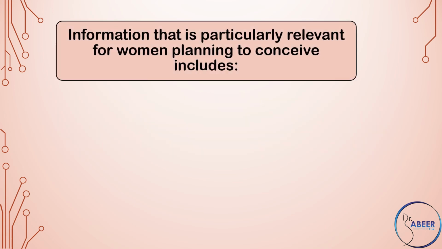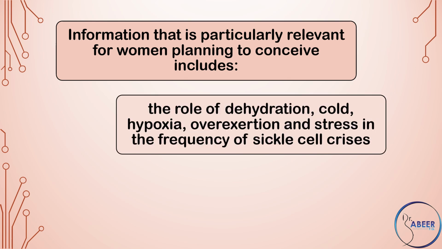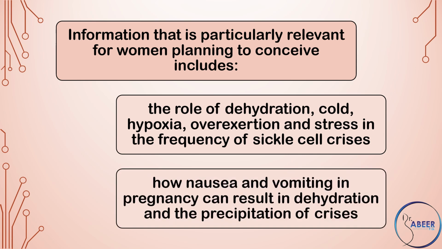Information that is particularly relevant for women planning to conceive includes the role of dehydration, cold, hypoxia, overexertion, and stress in the frequency of sickle cell crisis, and how nausea and vomiting in pregnancy can result in dehydration and the precipitation of crisis.